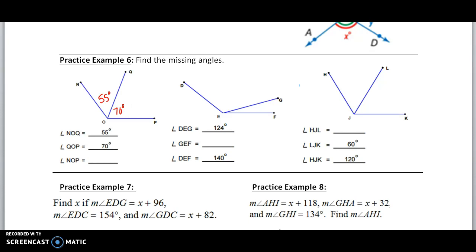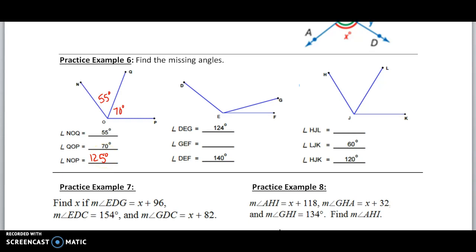When put together, I want to know what the whole angle is. So angle NOP, what's that measure? A lot of you could do this from our notes from sections 1 and 2 and say, just add 55 plus 70. You get 125, and you would be correct. So I'm adding the two parts to get the whole angle.